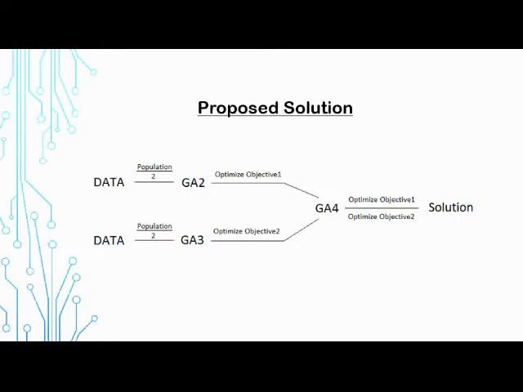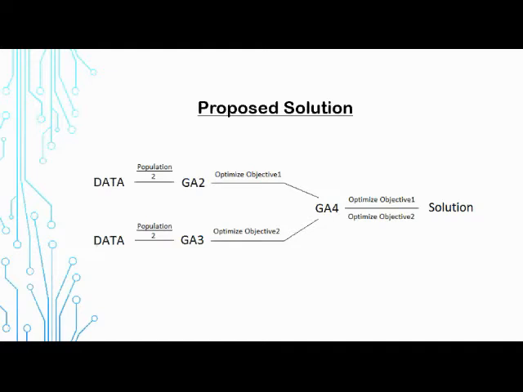The solution that I propose to address the shortcomings of multi-objective genetic algorithms is a combination of three genetic algorithms which are to be executed in sequence. The first genetic algorithm, called GA2, is to optimize the first objective. The second genetic algorithm, called GA3, is to optimize a second conflicting objective.